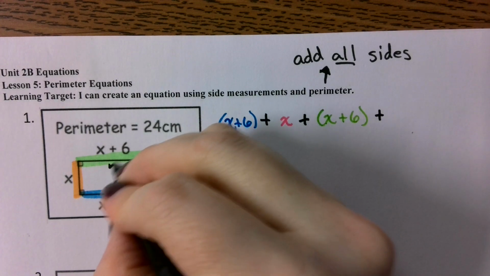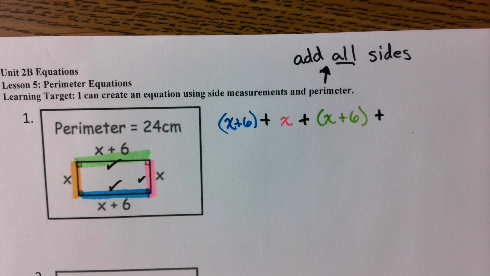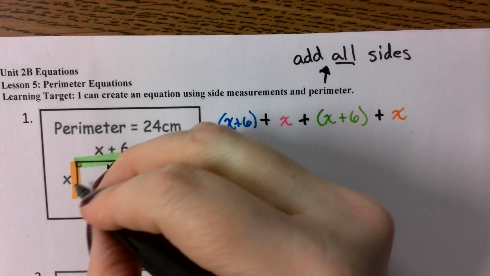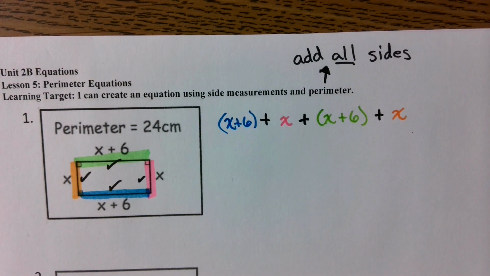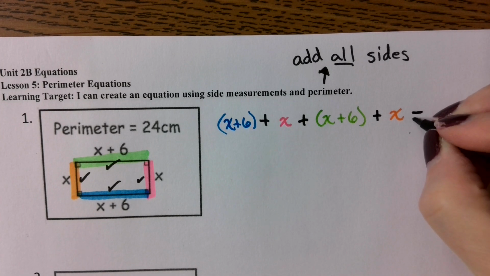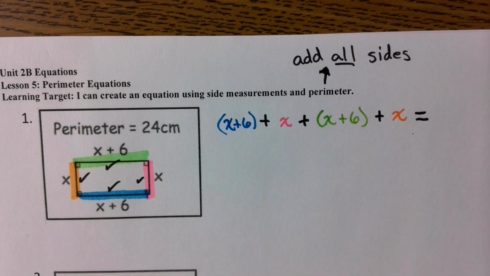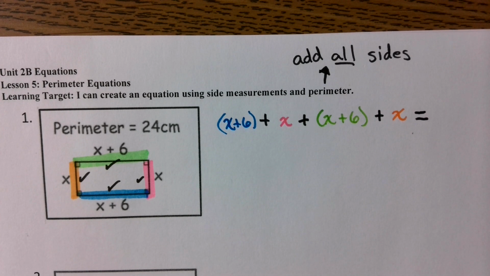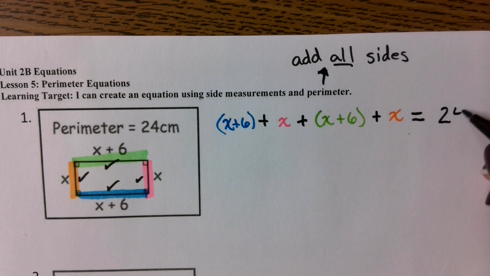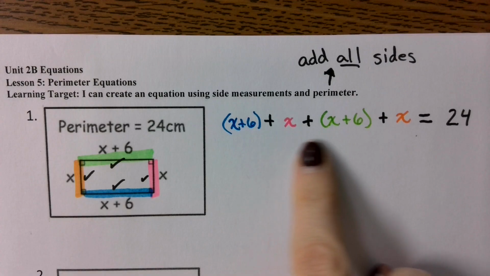Plus, I have one more side left, which is my orange side. That's an x. So I've accounted for all 4 sides, and I'm going to set it equal to the perimeter. What was the perimeter in this problem? 24, right? It says perimeter equals 24. So I've now created my equation.